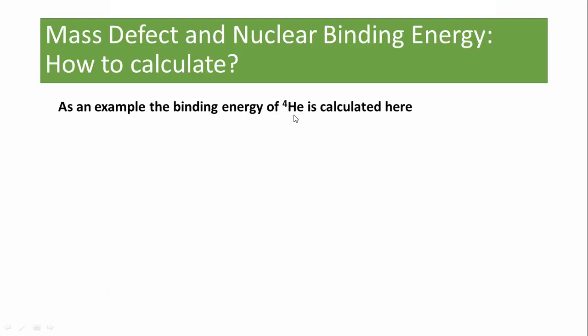Let's take the example of helium. Helium has atomic number 2, mass number 4, and has 2 neutrons and 2 protons, and it releases binding energy. Now you have to calculate how much binding energy it is going to release.